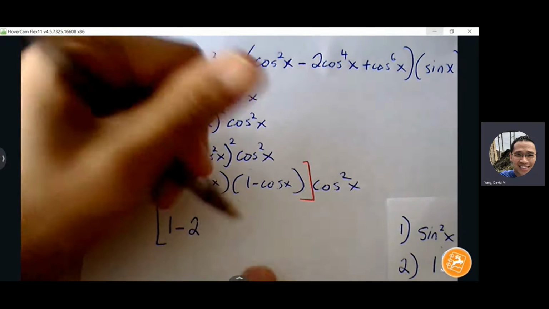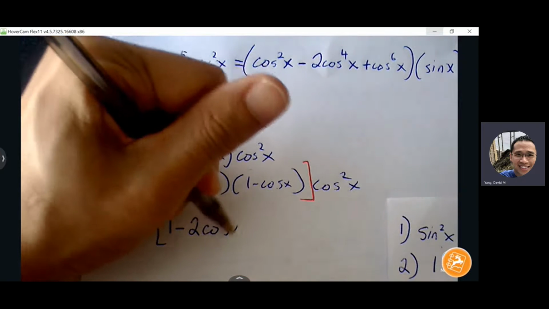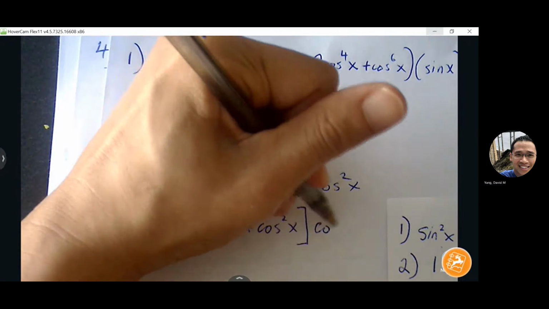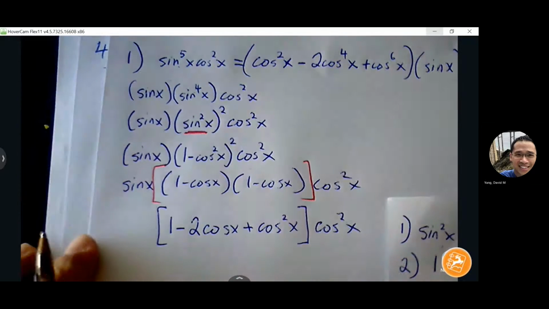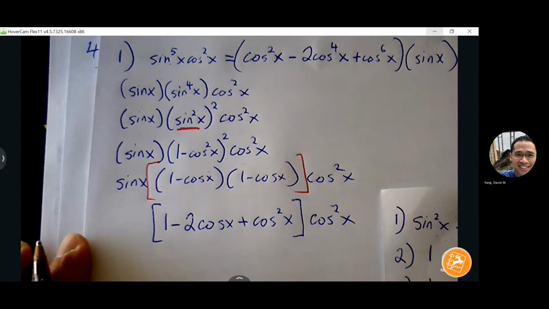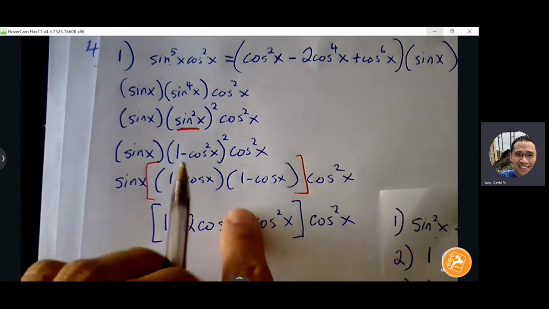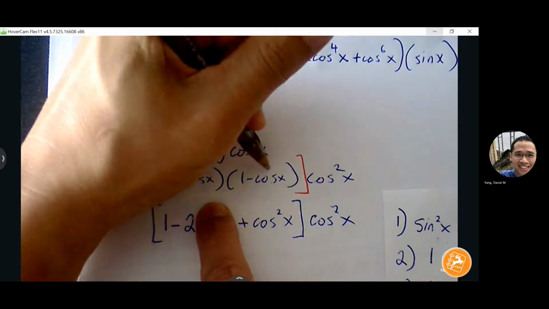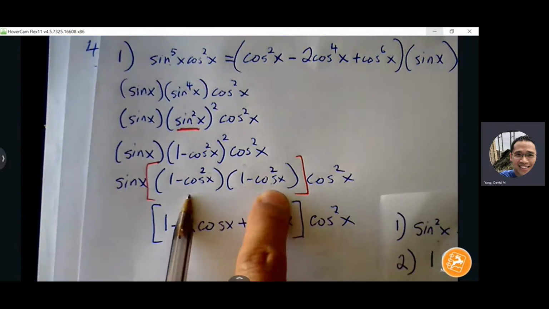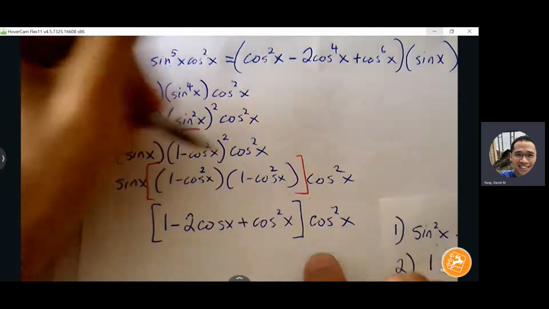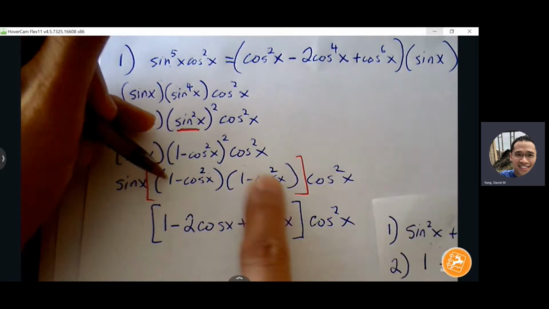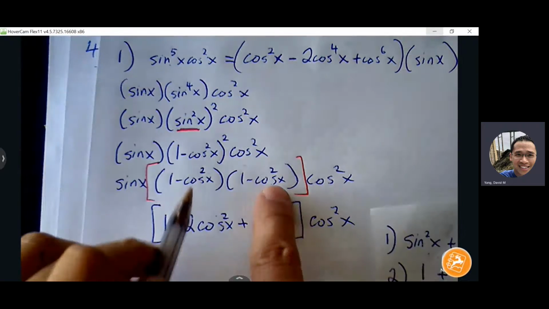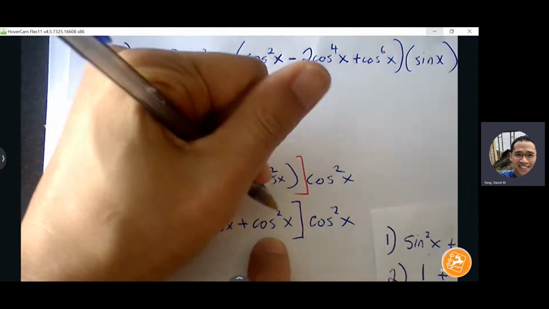1 minus cosine x is 2 cosine x. Oh, I'm sorry. It's cosine squared here already. So I need to multiply the 1 minus cosine squared through, which means that I get 1 minus cosine squared, there's going to be 2 cosine squared x, and then cosine squared times cosine squared is cosine to the what?